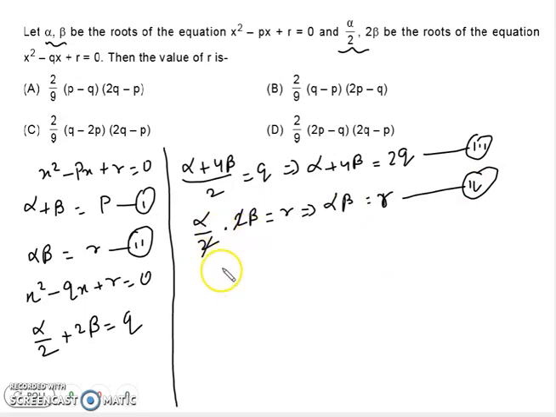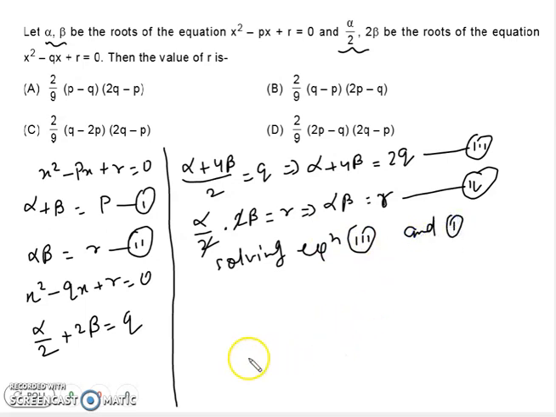Now I am going to solve equations third and first. We have alpha plus 4 beta is equal to 2q, and from equation first, alpha plus beta is equal to p.